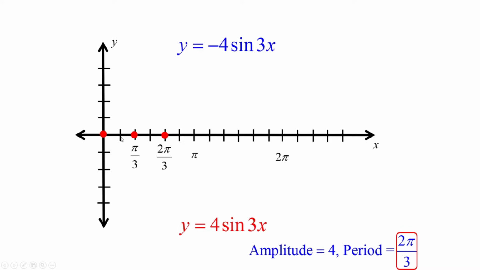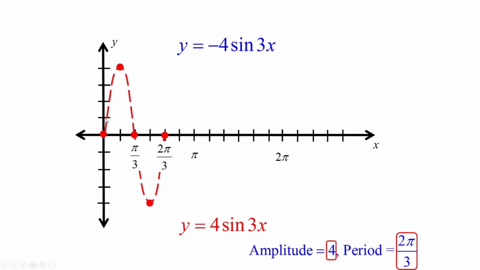So that means at pi over 6, I'm going to go up 1, 2, 3, 4. Let's put a point right there. And then at this hash mark, let's go down 4 right there. And that's a great scatter plot for y equals 4 sine of 3x. So there it is right there.